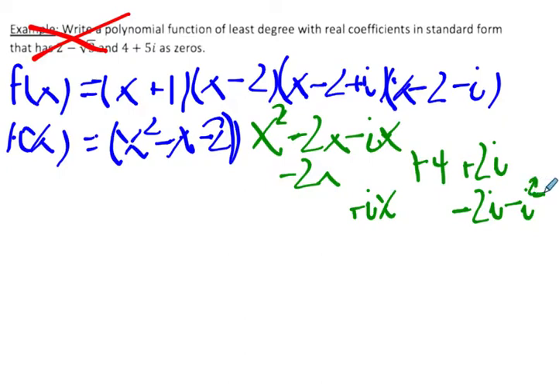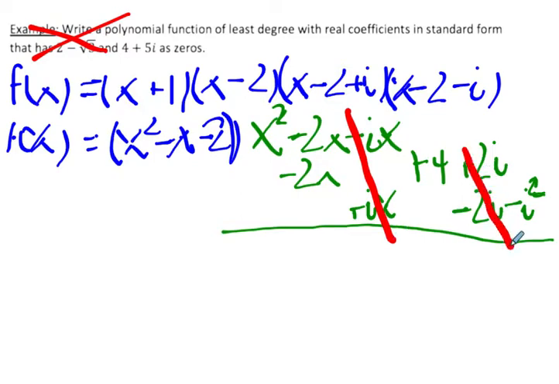Okay, so if I look at what I have now here, hopefully you notice that we have some like terms, they're aligned, but specifically that some of these pairings are going to cancel. So negative ix plus ix, that's going to cancel. 2i minus 2i is also going to cancel. And then I have this i squared.